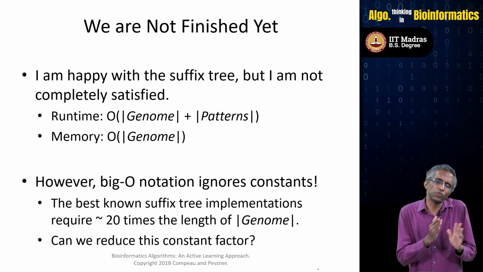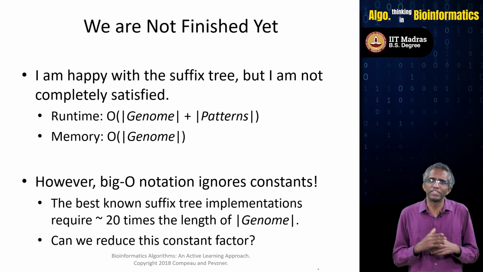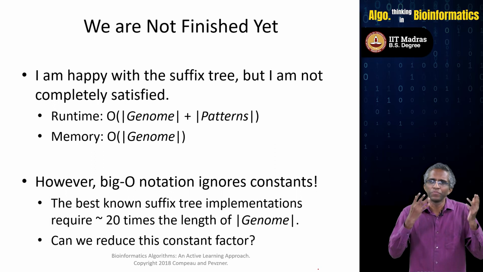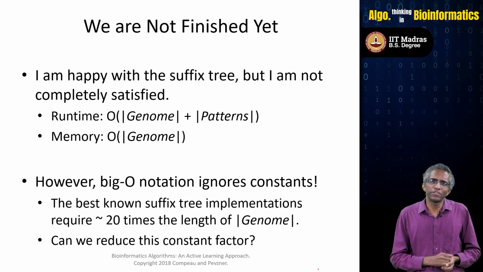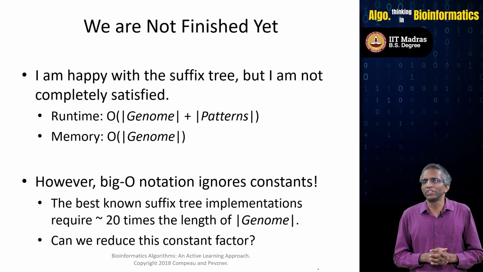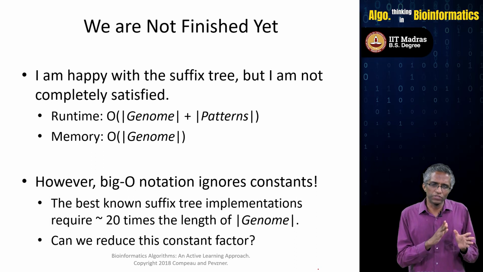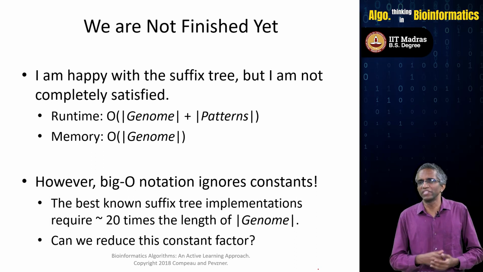Let's just focus on space for now. If your genome is 3 billion letters and you want 20 times 3 billion, that is basically 60 billion. So it may determine the difference between whether it fits on a very affordable cheap computer that sits in multiple clinics, or whether you need a large workstation with a large memory.